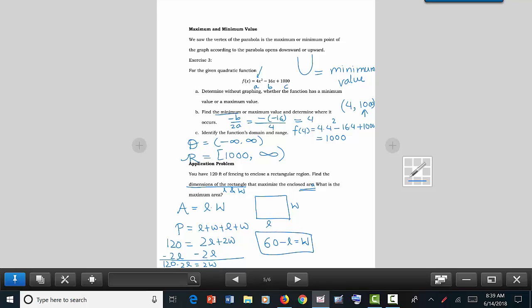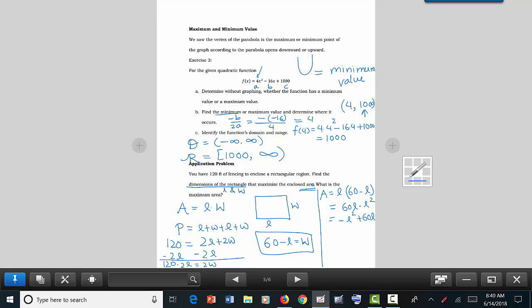Let's replace this expression in the area, because that is the thing we are maximizing. A equals L, we didn't change, but W we change to 60 minus L. If you distribute, it becomes 60L minus L squared. Let's write L squared first: negative L squared plus 60L.